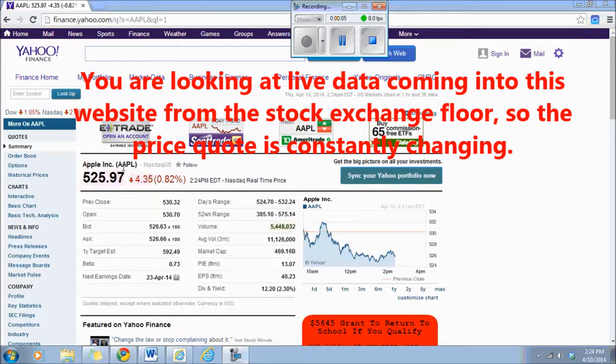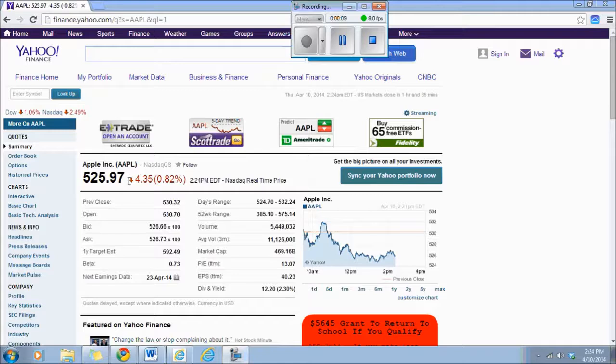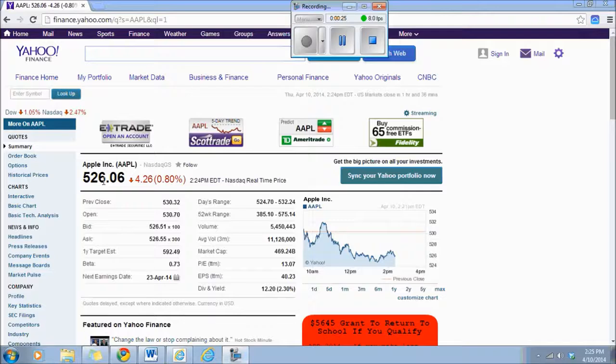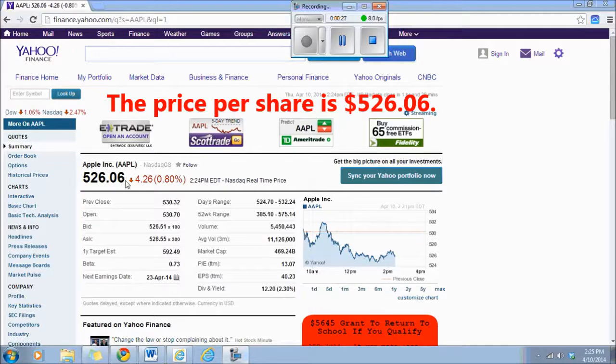Once in a while it'll refresh. This is actually live from the stock exchange. It's going on right now, and you can see that Apple Computer is down 4.3 today. It is selling at a price of $526.06 per share, and that is what it's trading at now.